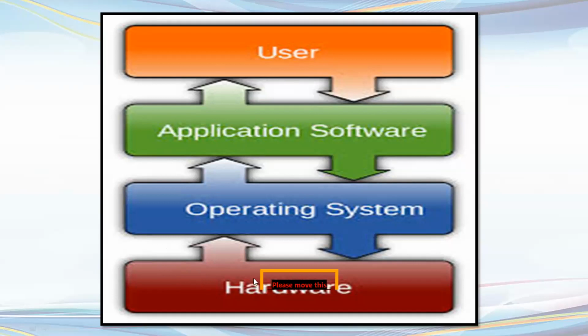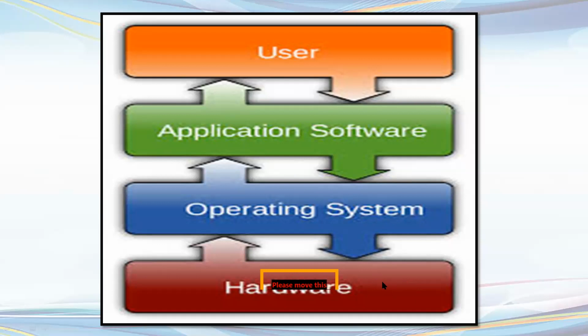Is that clear? A user never works with the operating system directly. A user always works with application software. Application software passes on the commands to the hardware, but through the operating system. Directly, they also cannot pass on, and even if they did, these hardware devices would not be able to understand. So the operating system converts all those commands into a form which is understandable to the computer.